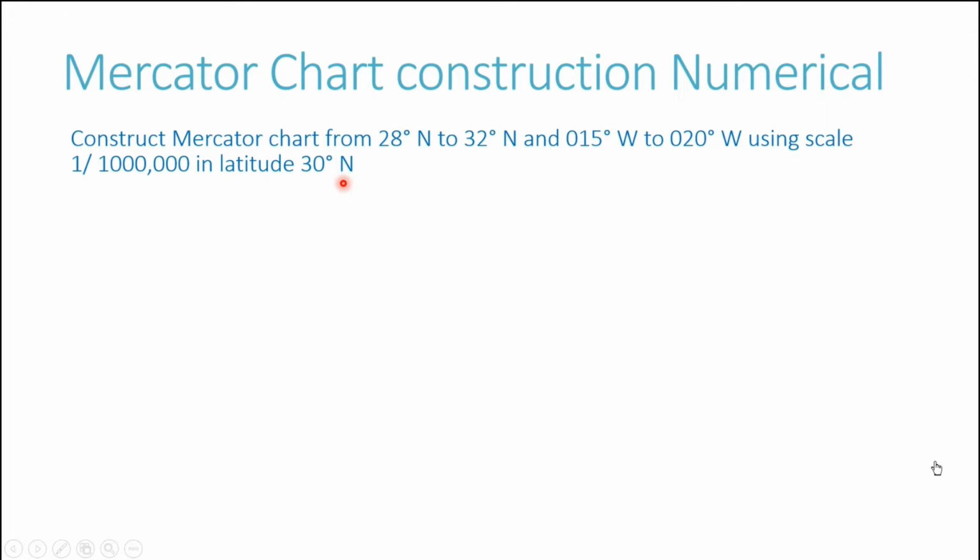Now let's see how we attempt these kind of questions. In step 1, we have to first calculate the length of 1 minute of longitude on the chart. In all these questions related to Mercator projections, always remember that you have to find out the length of 1 minute of longitude on the chart. What will be the length of 1 minute of longitude?